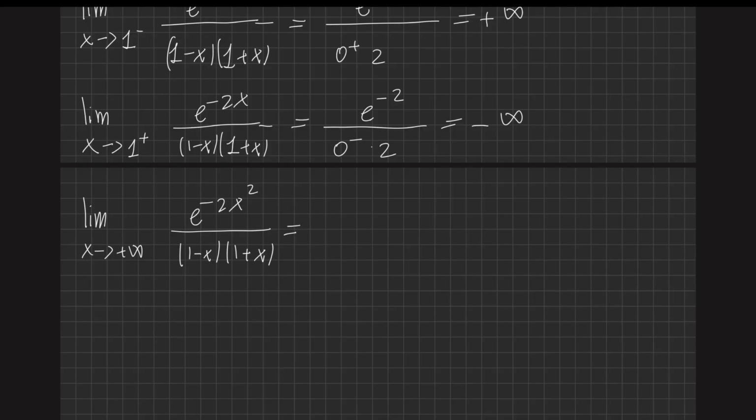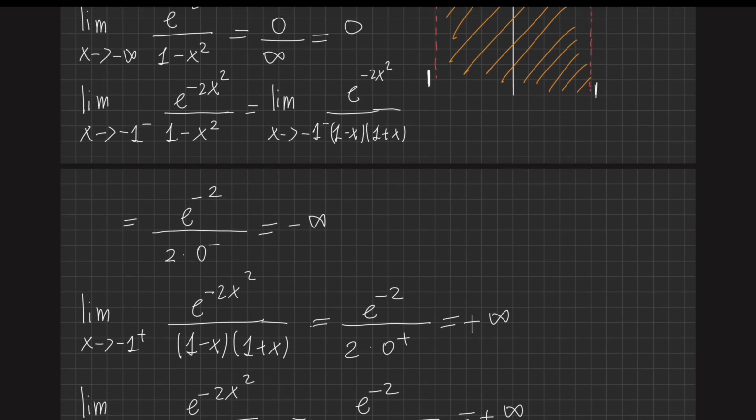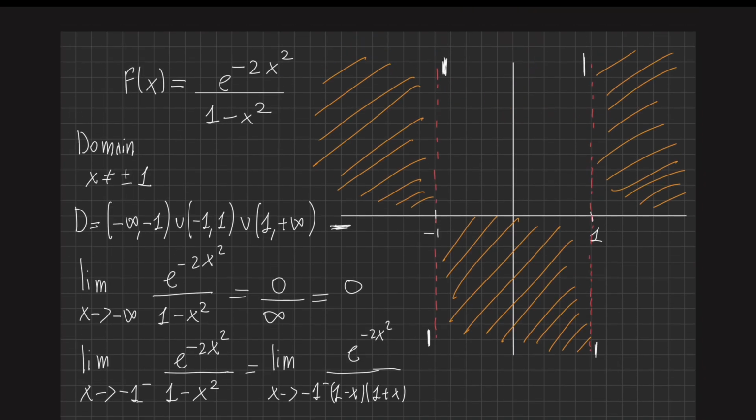Indeed, e to the minus infinity is going to be 0, divided by 1 minus infinity, 1 plus infinity, which is going to be still minus infinity times infinity, which is negative infinity, but this number is still 0. And again, in view of the positivity, we know that we are going to approach 0 from the bottom here. So that's the limit for the domain, and now we can start to study the extreme value of the function.